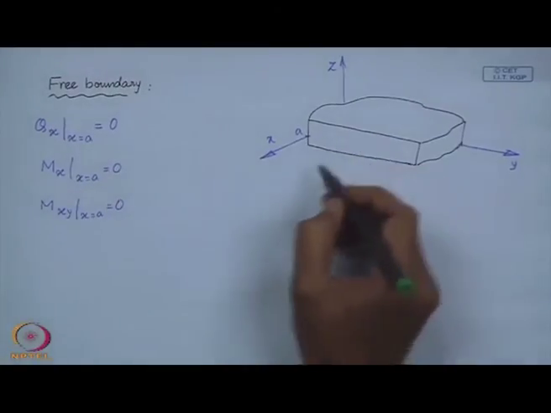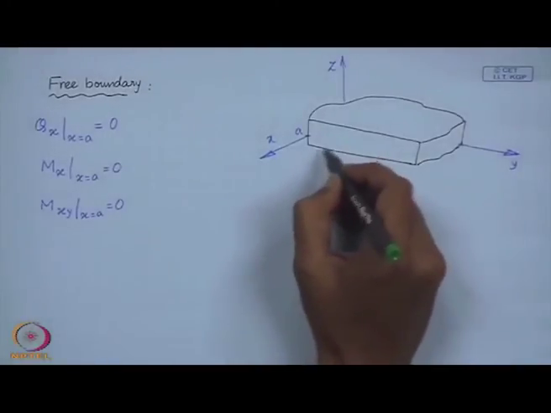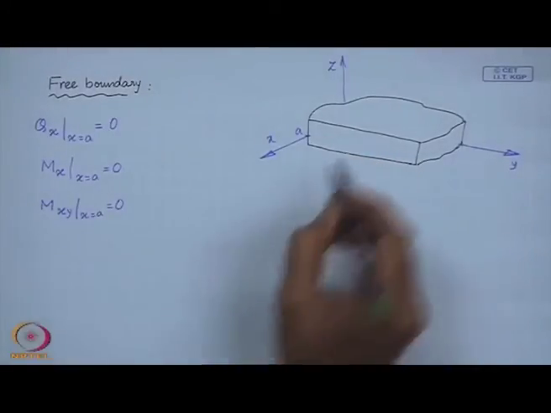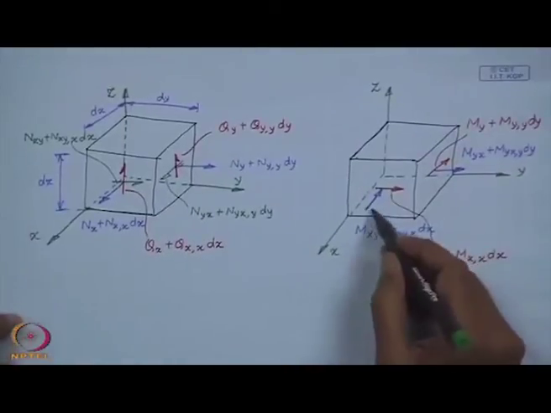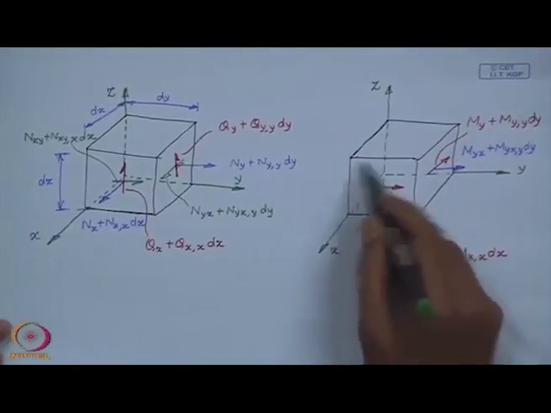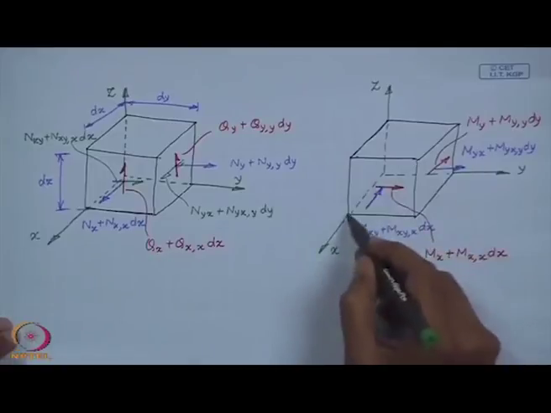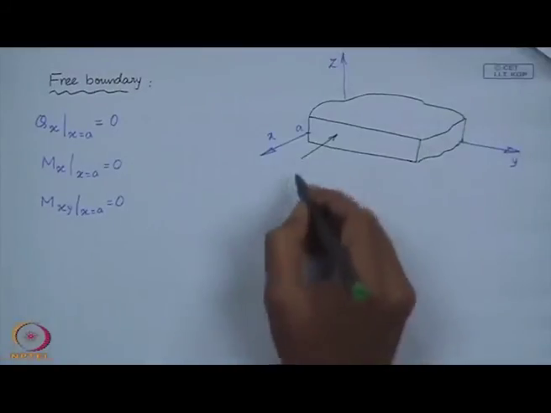So, let us see this m x y. Let me refer to this figure once again. So, this was m x y on this face, let us say at x equal to a.